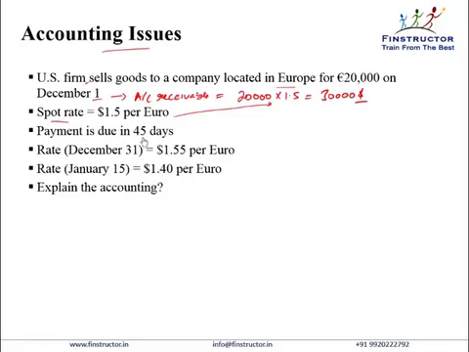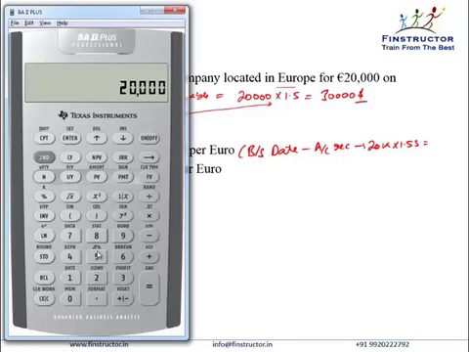This payment, however, is due in 45 days, and on the balance sheet date, that is December 31st, the euro has appreciated to $1.55 per euro. So this is referred to as the balance sheet date. And on this date, the company will have an accounts receivable that would be revised up to a value of 20,000 into 1.55, $31,000.